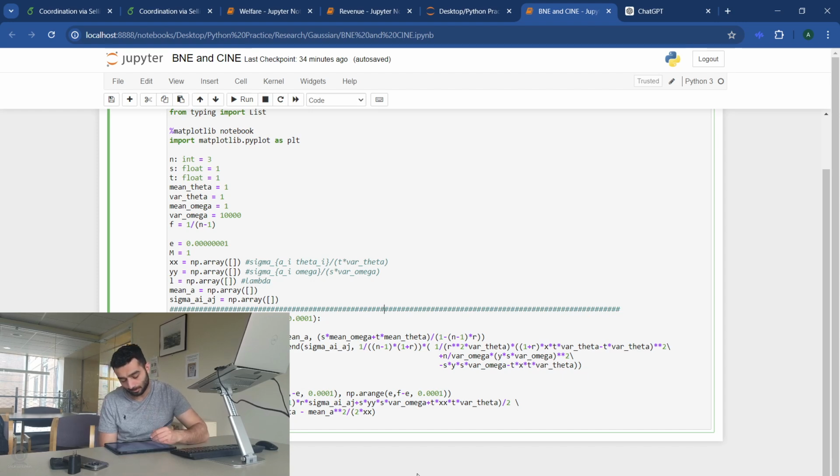Let's check. So we can say this comes to 1 minus n minus 2 r equal 1 plus r times 1 minus n minus 1 r, and 1 minus n minus 2 r versus 1 minus n minus 1 r plus r minus n minus 1 r squared.